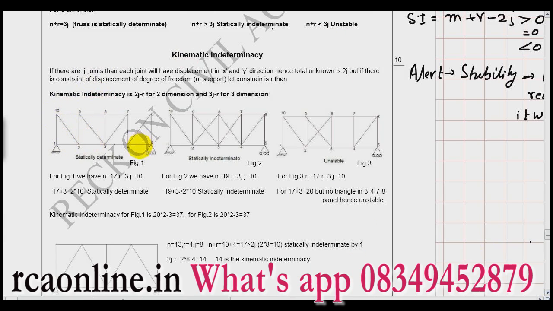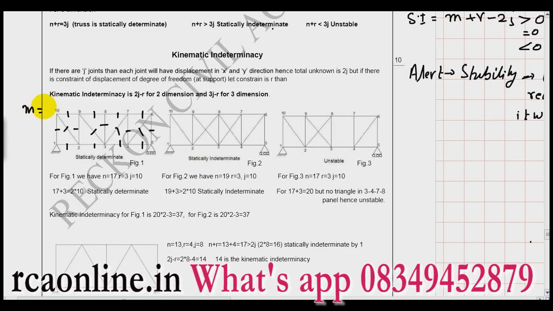Just see this truss. If you see in this truss, what is m? M is the number of members. So, members are 1, 2, 3, 4, 5, 6, 7, 8, 9, 10, 11, 12, 13, 14, 15, 16, 17.